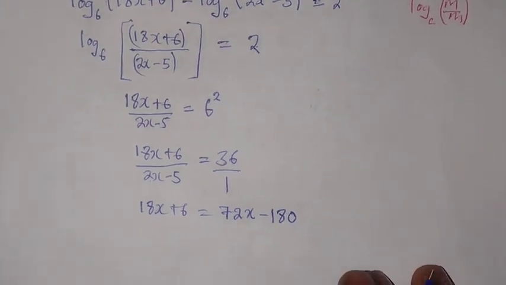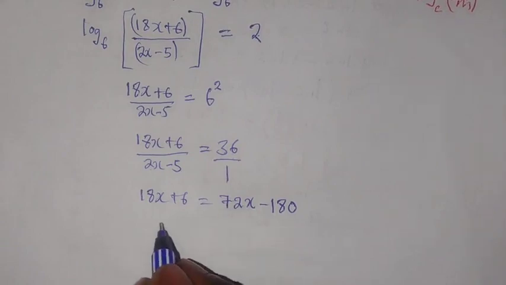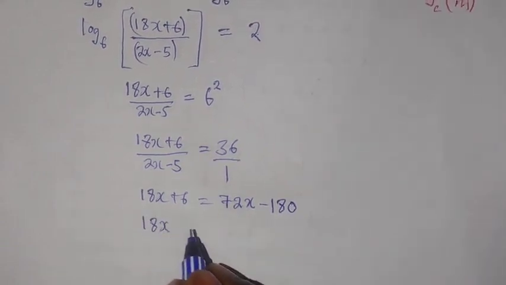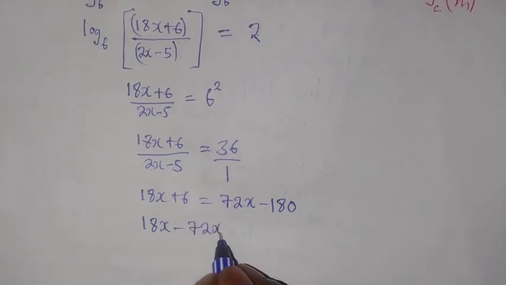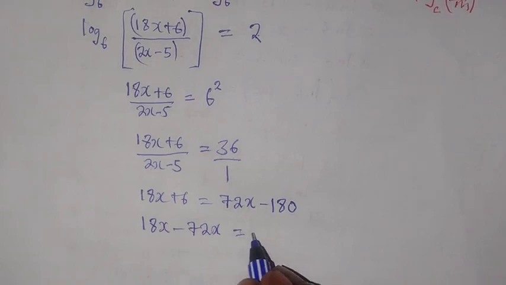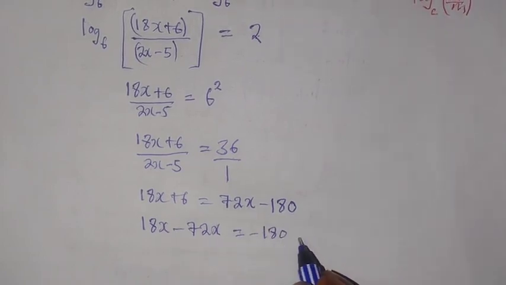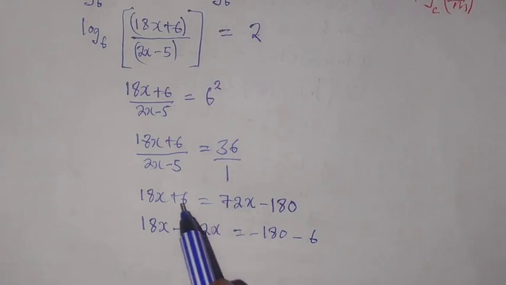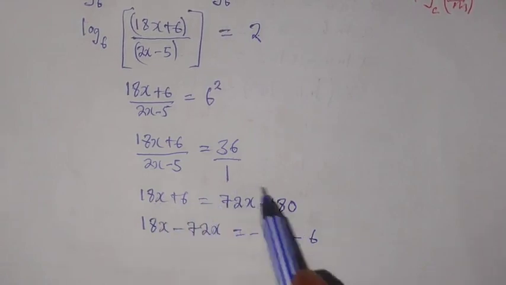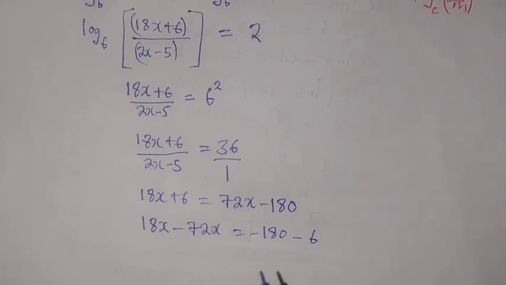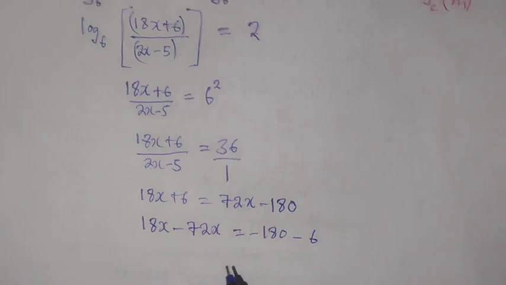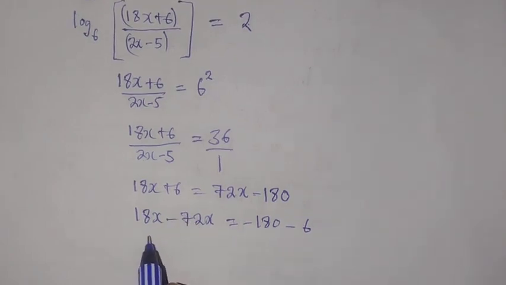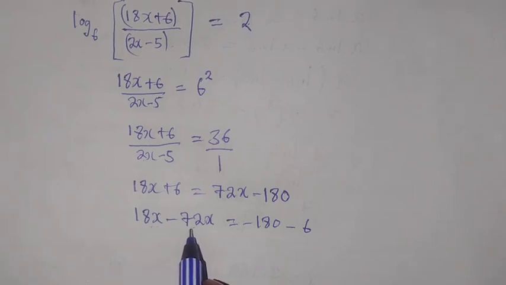Then from here, what are we going to do? We can collect the like terms. So you can say 18x minus 72x is equal to negative 180. This positive 6 will go here, it will be negative 6. Or if you want, you can get this 18x to come here and this negative 180 to go to this side. Whatever case, you get the same answer. So we are going to have 18x take away 72x.